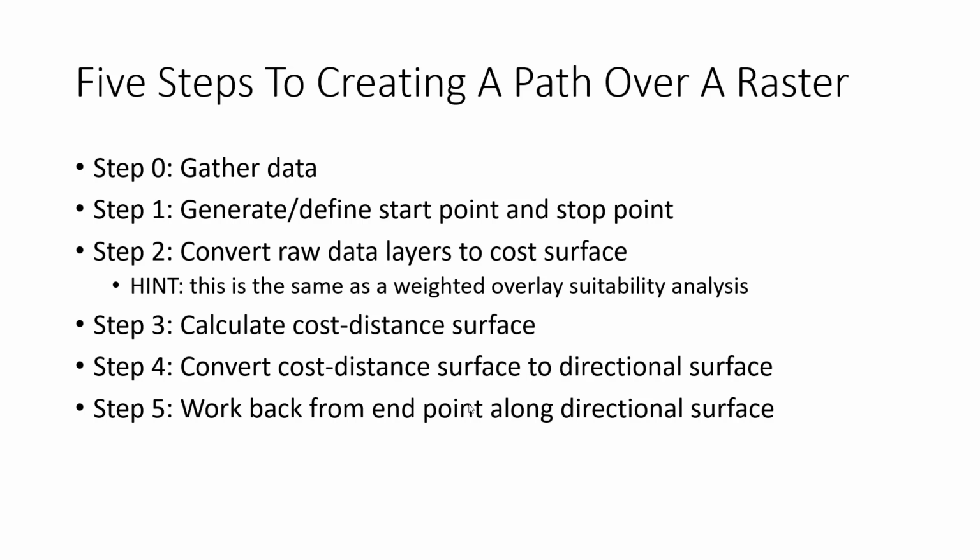And then finally, to actually create the path, we start at the endpoint and then work back across that directional surface to figure out how to get to the beginning. So what we're going to do in this video is go through each of these steps on a fictitious data set, really hammering home the fine scale detail of how this works.